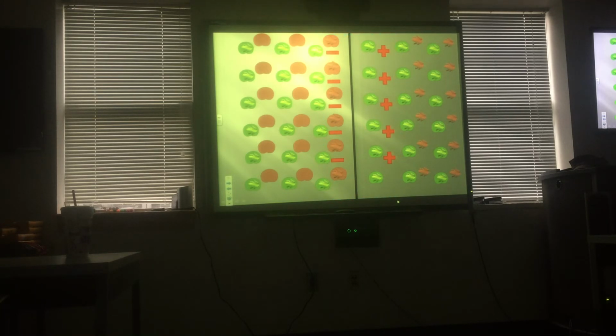Now I want to talk about reverse bias first, because I think it's one of the most difficult things to grasp when it comes to PN junction diodes.